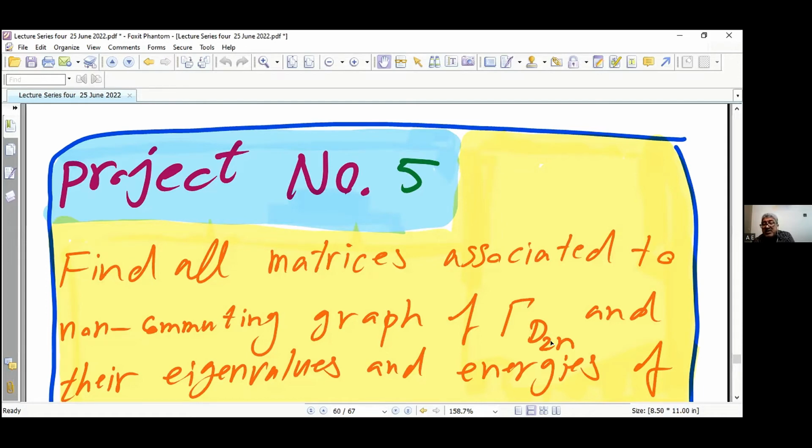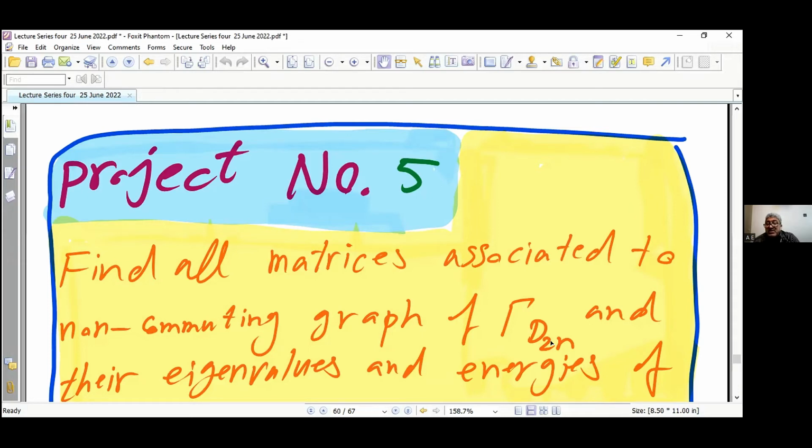For example, if n is even, the number of vertices is 2n minus 2, because the center of the dihedral group of order 2 times n consists of 2 elements, identity and a to the n over 2. So we have to remove the center from the elements of the dihedral group of order 2 times n, and we will get 2n minus 2 vertices.